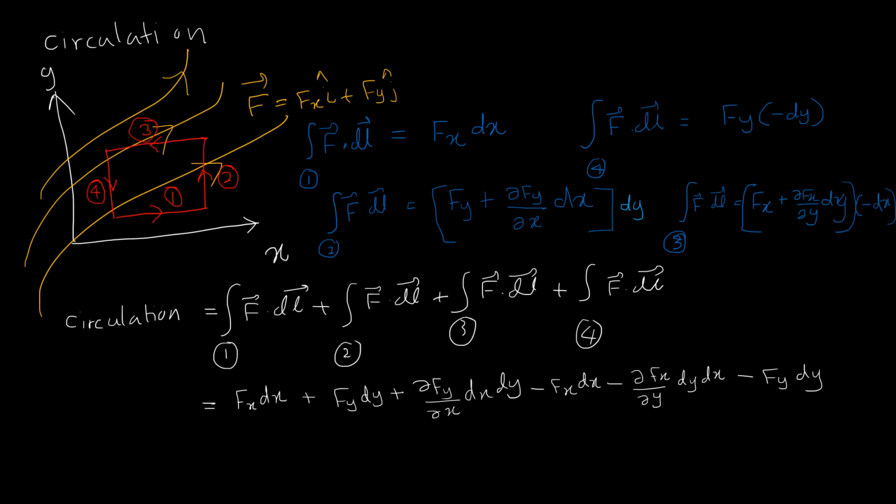So we can see that these terms will cancel out with each other, and what remains are these two components, which we can write as (∂Fy/∂x minus ∂Fx/∂y) dx dy.